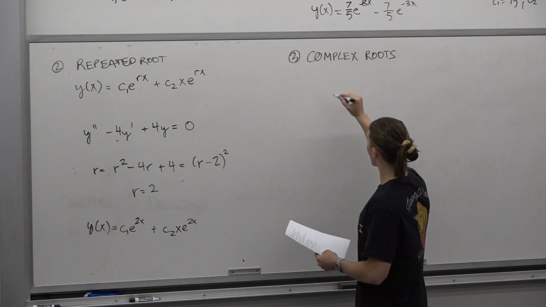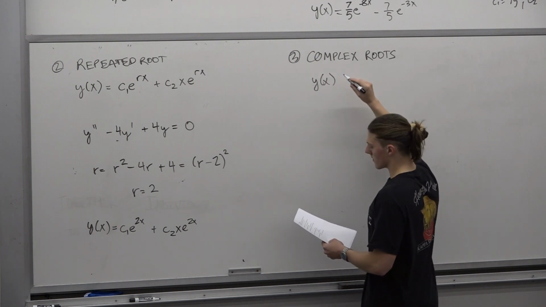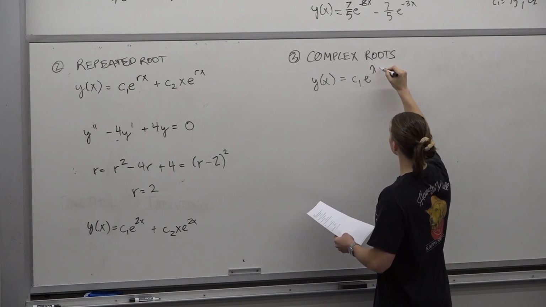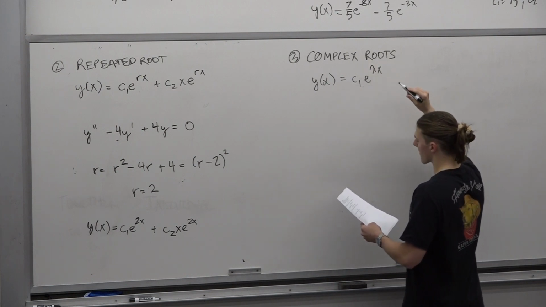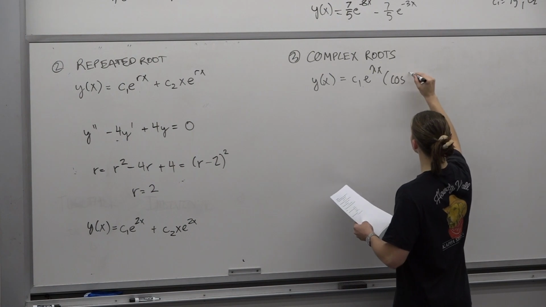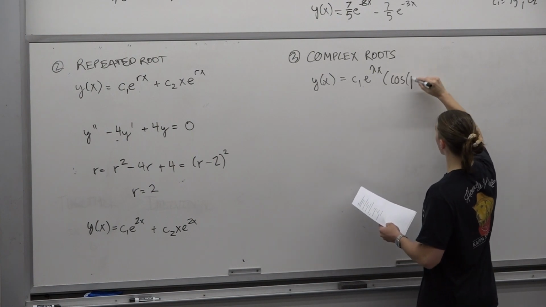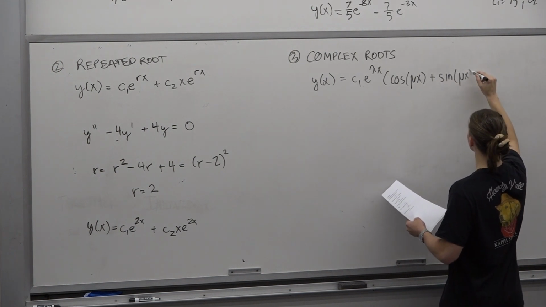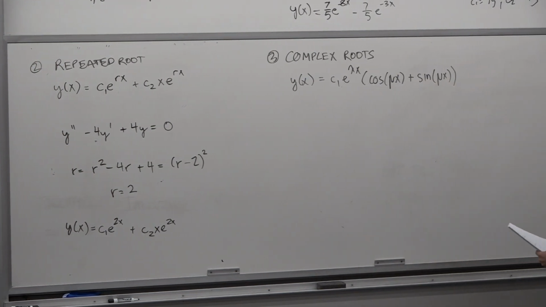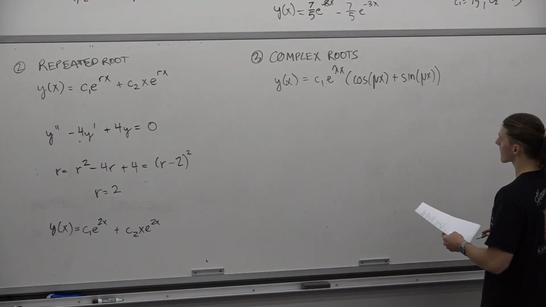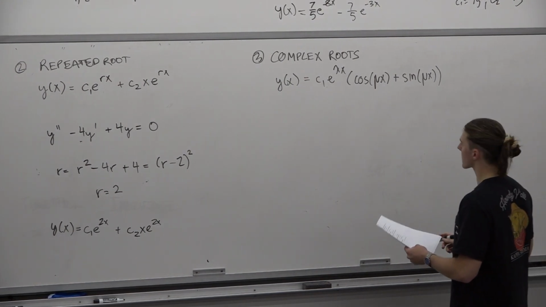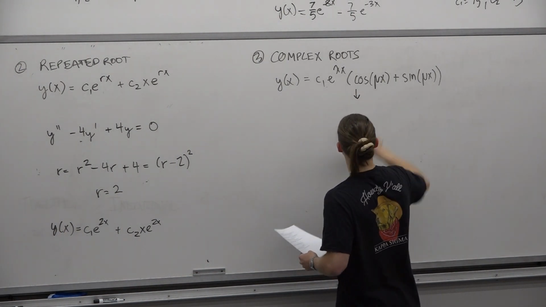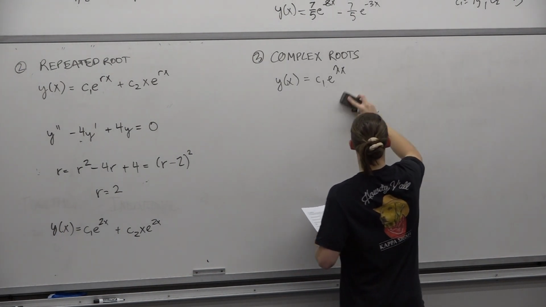So we have y of x equals c1 e to the lambda x cosine of mu x plus c2 sine of mu x. Let me just rewrite that real quick.